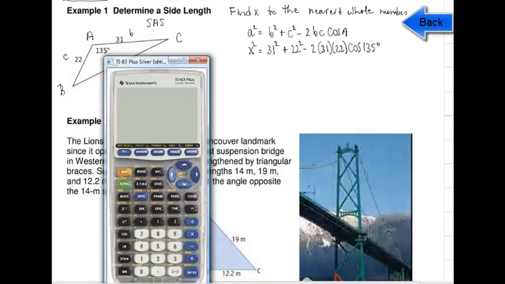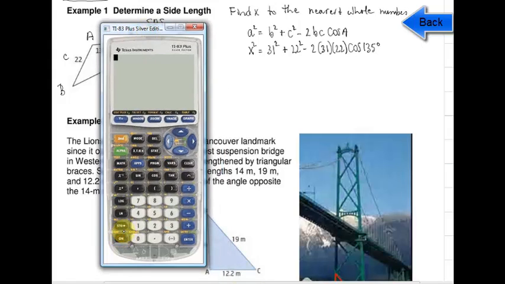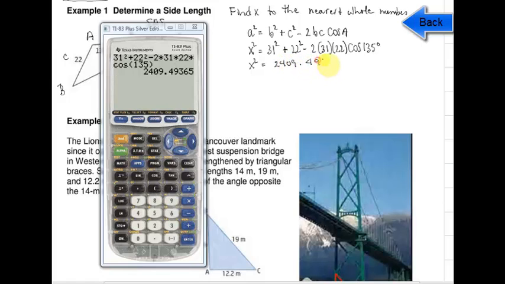So I'm going to plug all of that into my calculator. I'm going to go 31 squared plus 22 squared minus 2 times 31 times 22 times cos of 135 and enter. Then I find that x squared is equal to 2409.49365. But I want to find x, so I need to take the square root of 2409.